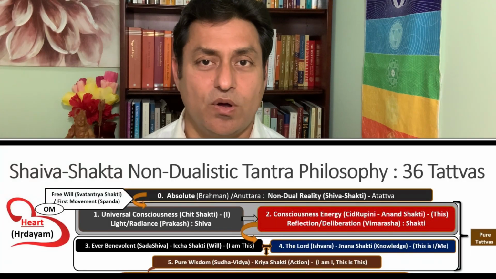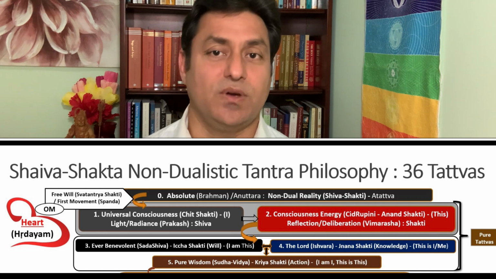So now let's dive into the first group called Pure Tattva. As the absolute desires to manifest, this desire, the movement, quickly manifests into multiple stages. The first 5 elements are called Shuddha Vidya or pure elements, also known as Shiva Tattva.